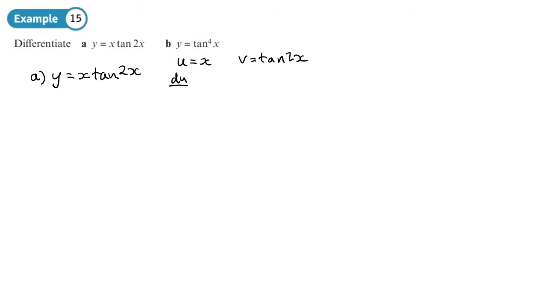So du/dx, or u dash, is 1, and dv/dx is going to be 2 sec squared 2x. So can you see this bit here, the 2 is like the k.